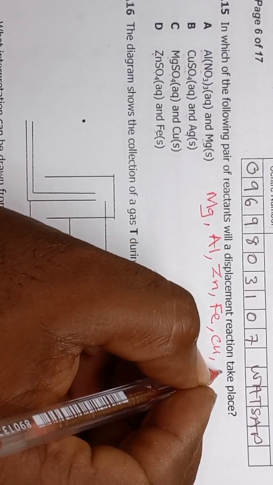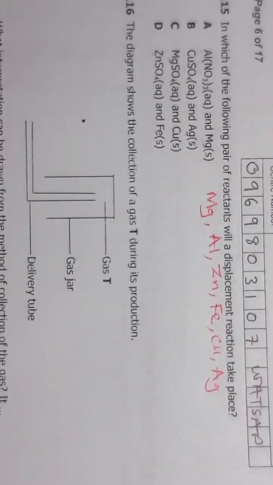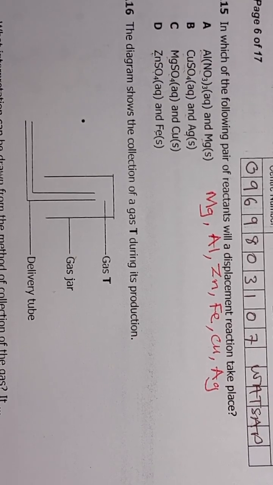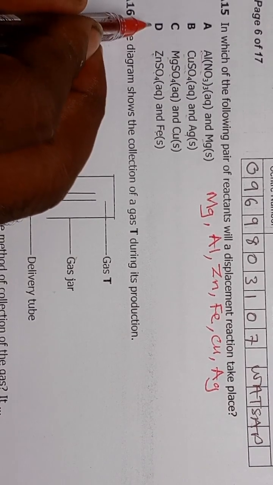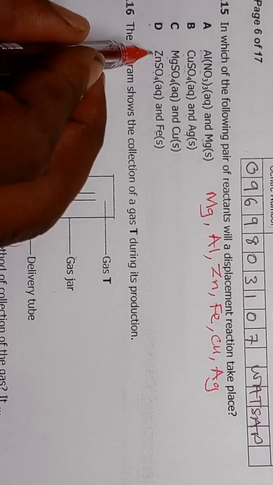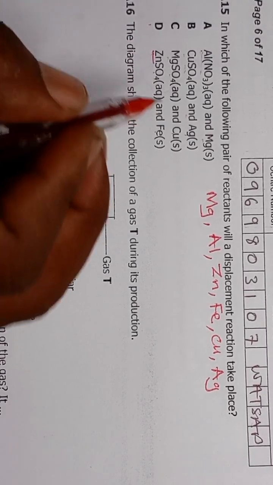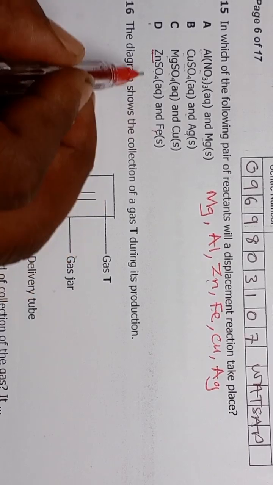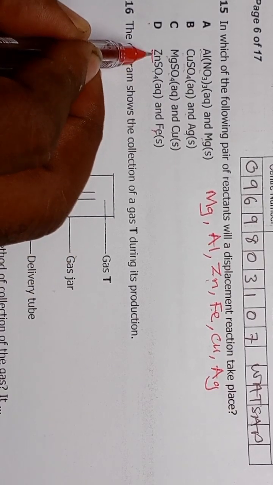The last one is silver. So let us look at option D. Zinc is more reactive than iron, so iron cannot take the place of zinc.